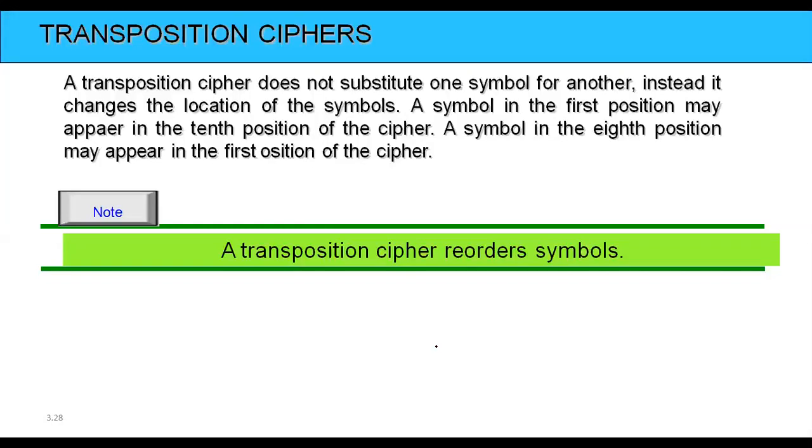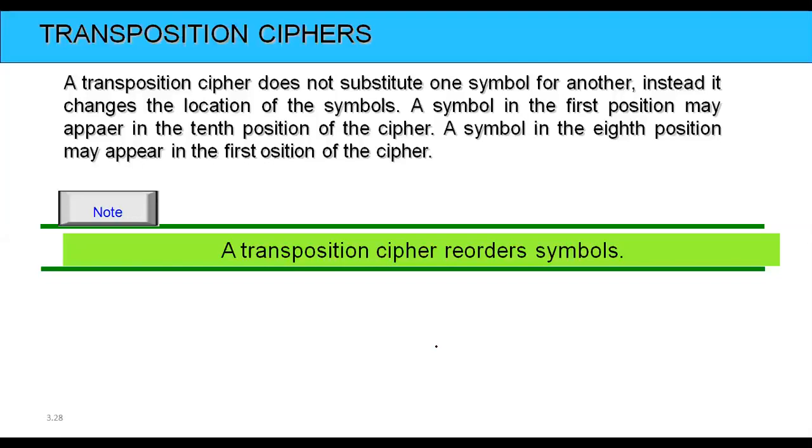That's why the transposition cipher does not substitute one symbol for another. Instead, it changes the location of the symbols. For example, a symbol in the first position may appear in the 10th position in the ciphertext. A symbol in the 8th position may appear in the first position of the ciphertext. So a transposition cipher just reorders the symbols.